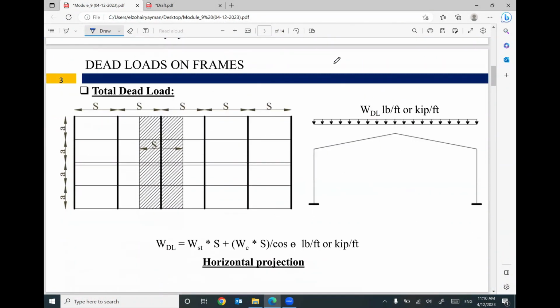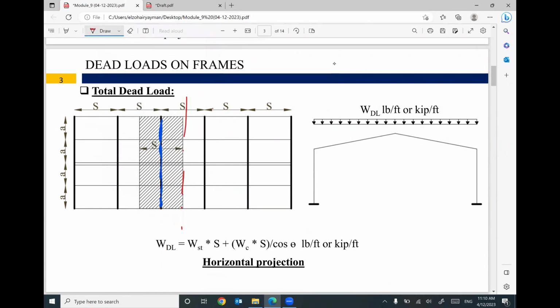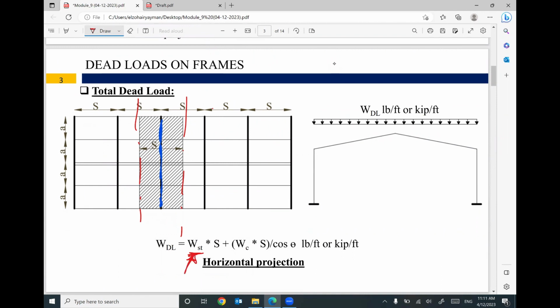Then, since each frame supports from center line to center line, I will multiply the assumed value for W structure by S, and the assumed value for W covering by S divided by cosine theta. Here is your theta, the inclination angle.